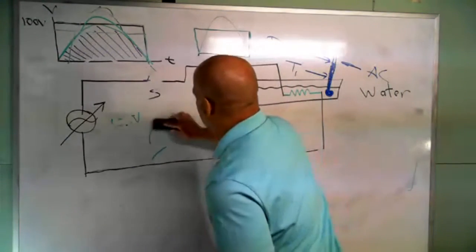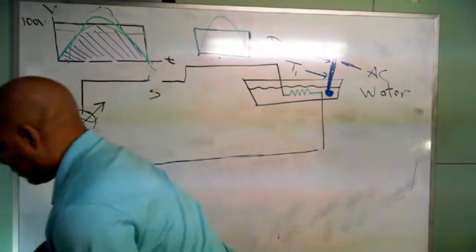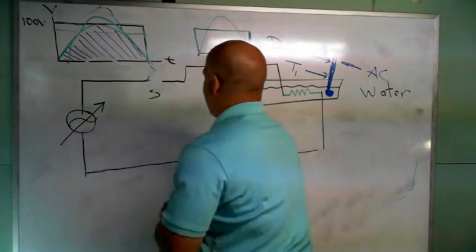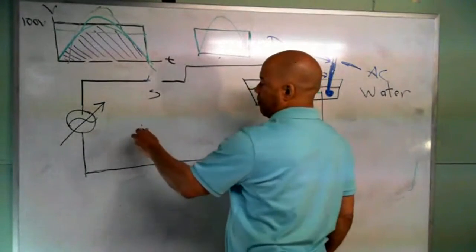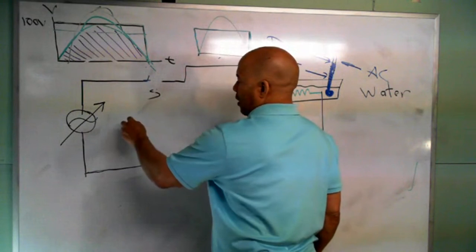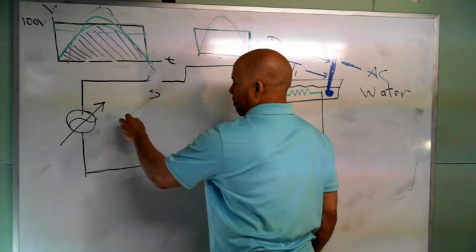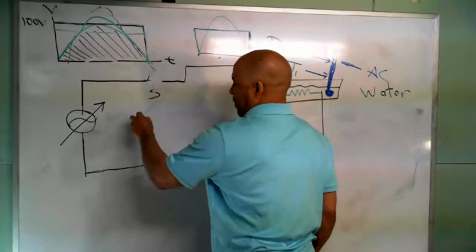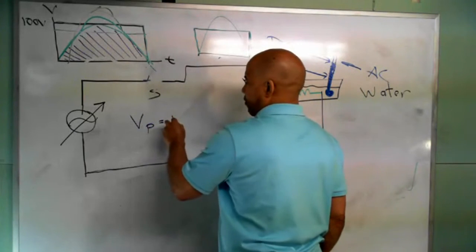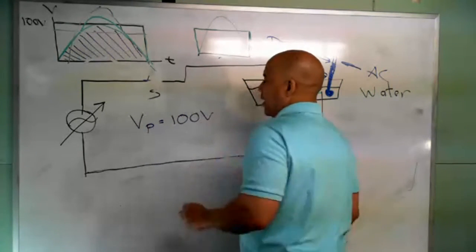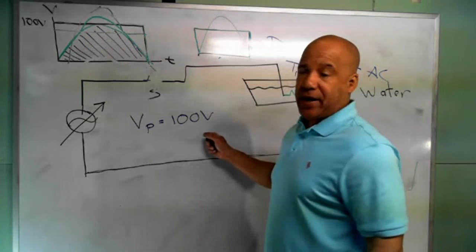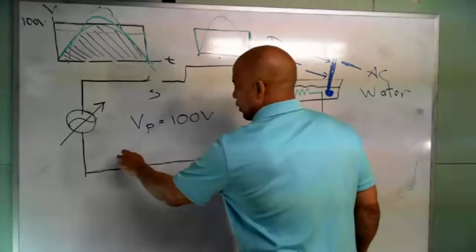If I gave you the problem that we had before, if I gave you a peak value, let's say I gave you a peak value of 100 volts, and I asked you to convert that to RMS. Well, that's easy to do. You use the equation.